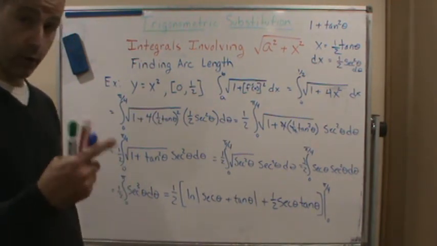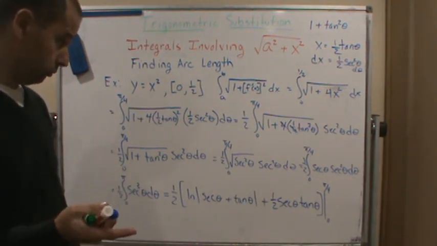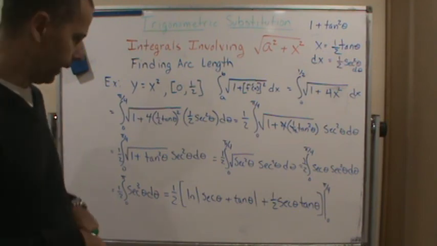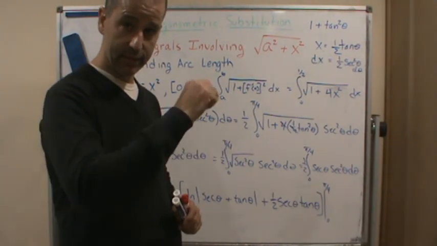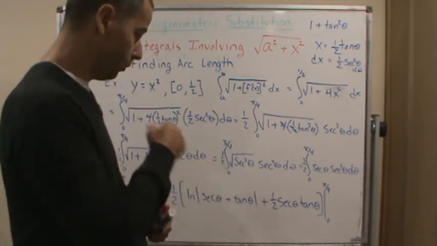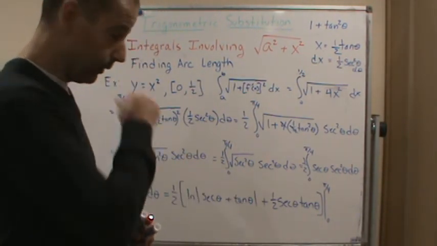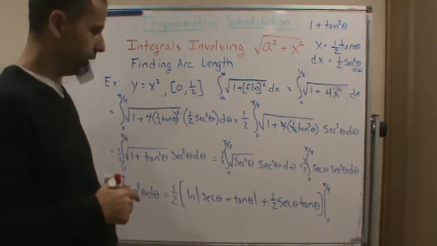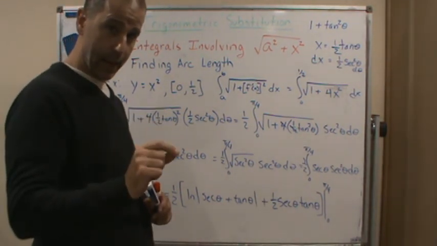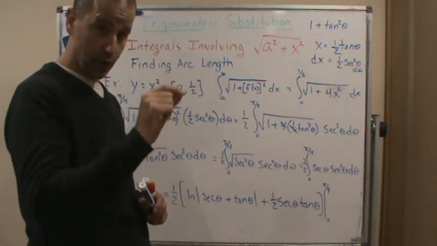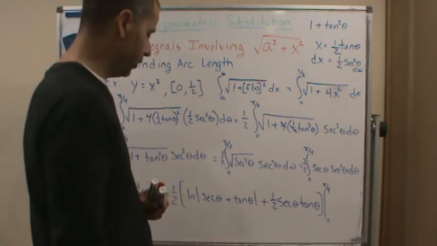Well, it's 1 over the square root of 2, or if you rationalize it, the square root of 2 over 2, which is what you always want to do. Never leave it as 1 over square root of 2. Get the radical out of the denominator.